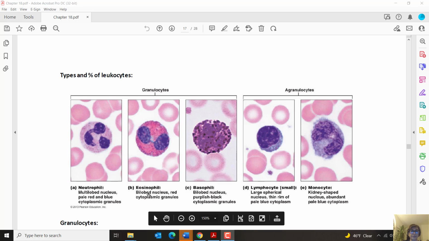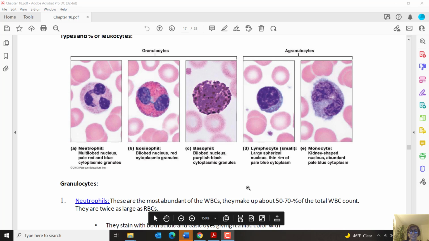That is an eosinophil. Basophil, it's hard to discern the nucleus. All you can see are the blue granules. That is a basophil. Then lymphocyte, almost the size of the red blood cell, where the nucleus covers the whole cell. And this is a monocyte, where again you have a dumbbell-shaped or kidney-shaped nucleus. So, easy to identify.